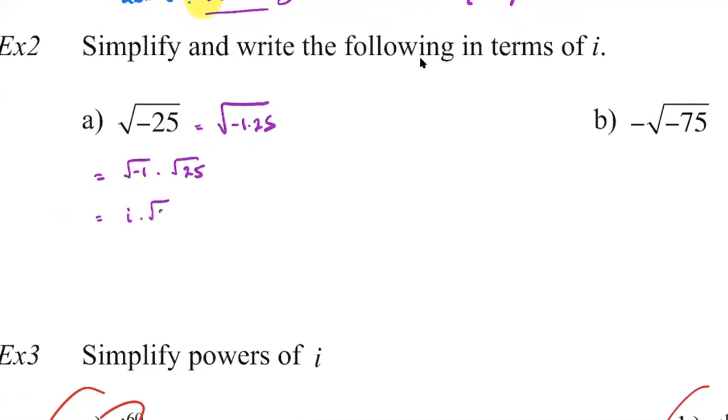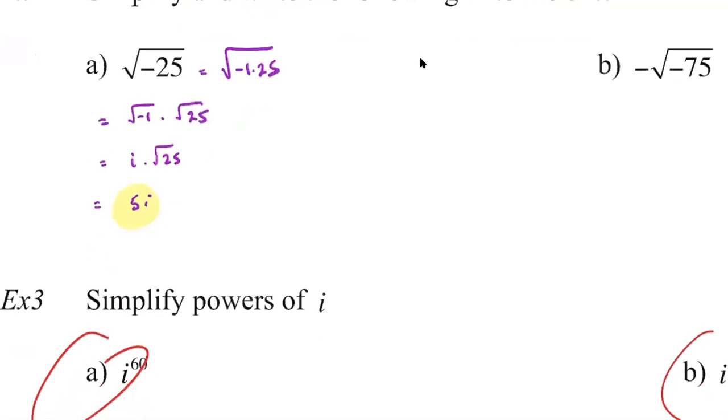This now becomes 5i, because the square root of 25 is 5, and then 5 times i is 5i. So before we said it's not a real number; in this section, we say that non-real number is an imaginary number, 5i. If we square this, we get -25.